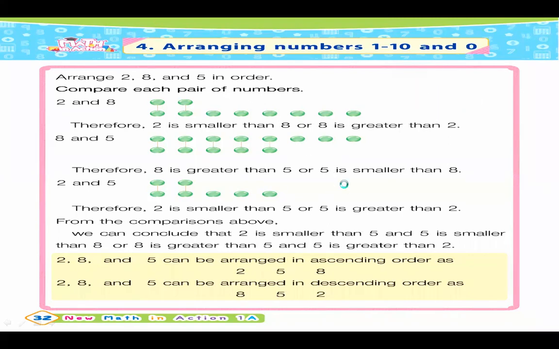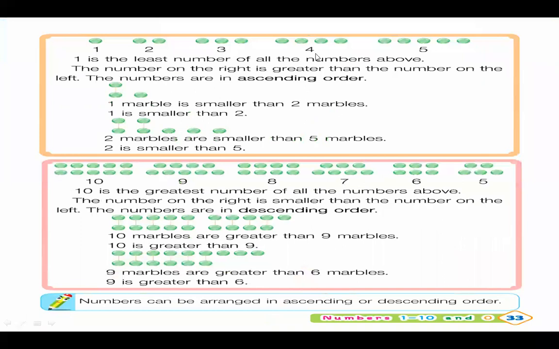Here is another example. We have 1, 2, 3, 4, 5. 1 is the least number of all the numbers above. The number on the right is greater than the number on the left.